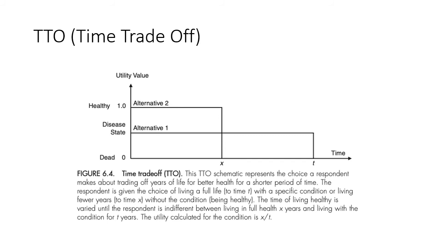The time of living healthy is varied until the respondent is indifferent between living in full health for X years and living with the condition for T years. The utility score for this condition is calculated as X by T.